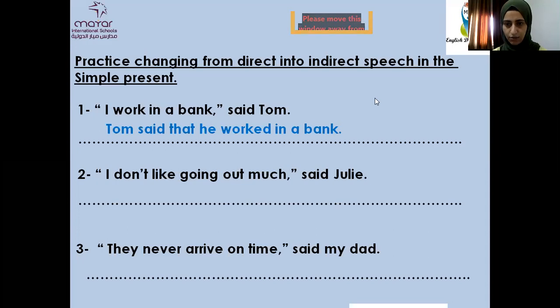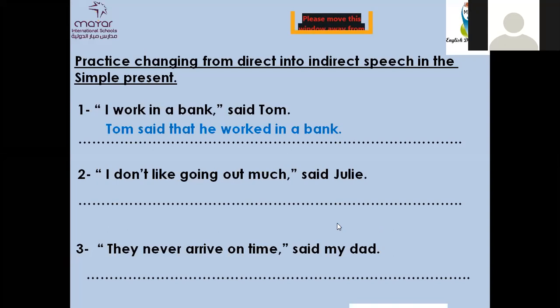All right. Now, let's take this one. I don't like going too much, said Julie. Julie said, I do not like going too much. No, wait a second. Is that Maryam, right?